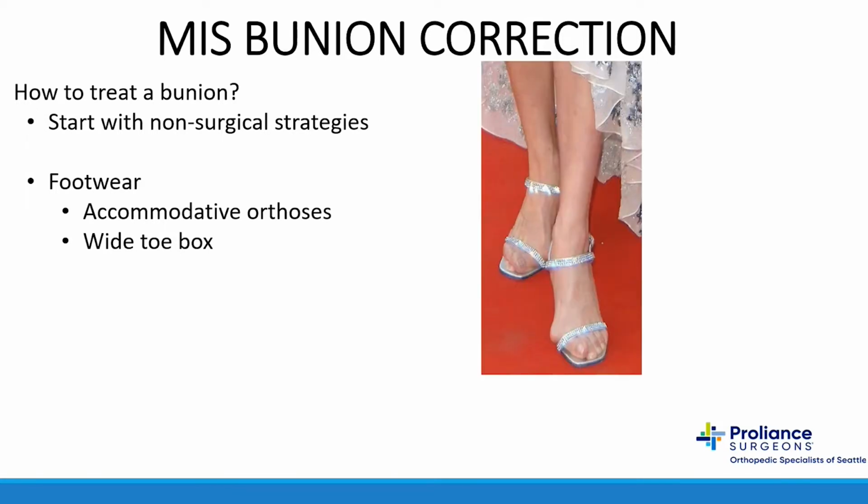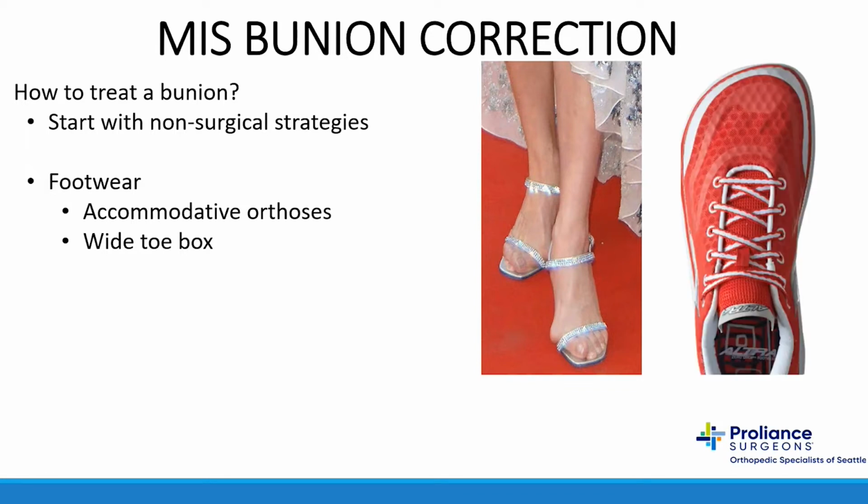So this is an example of what is not good for a bunion: high heels and a narrow toe box. And although much less fashionable to some, the one on the right is an example of a wider toe box that creates more room for the bunion so that there's less rubbing.